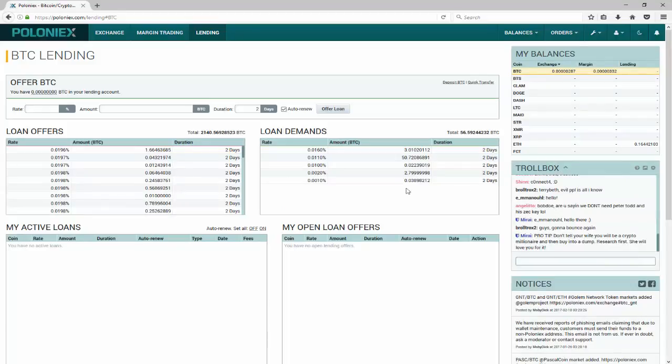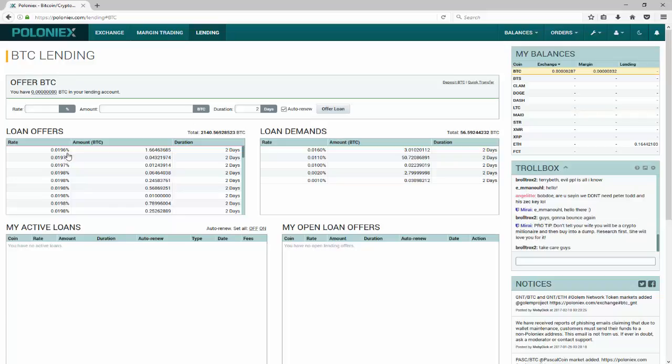If I look at the lending, I could see BTC lending. So people are lending Bitcoins. This is the rate. They're offering loans at, this is daily interest, 0.0196%. So the compound interest, obviously, could add up.